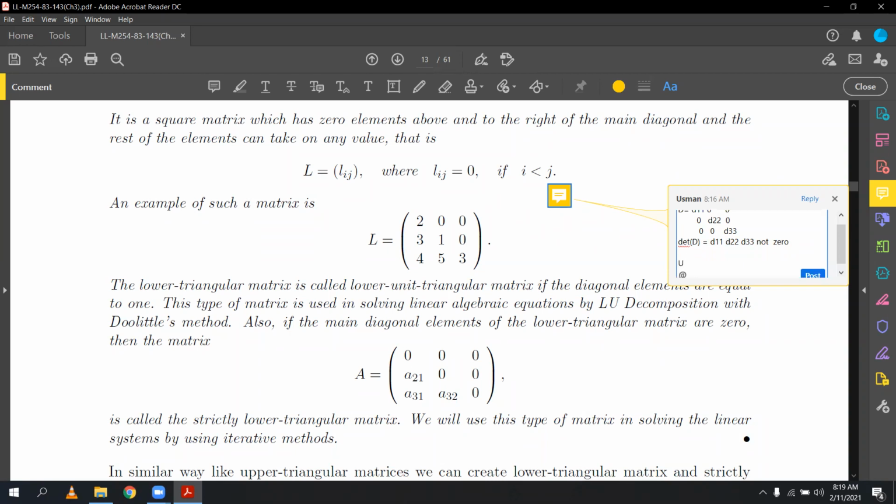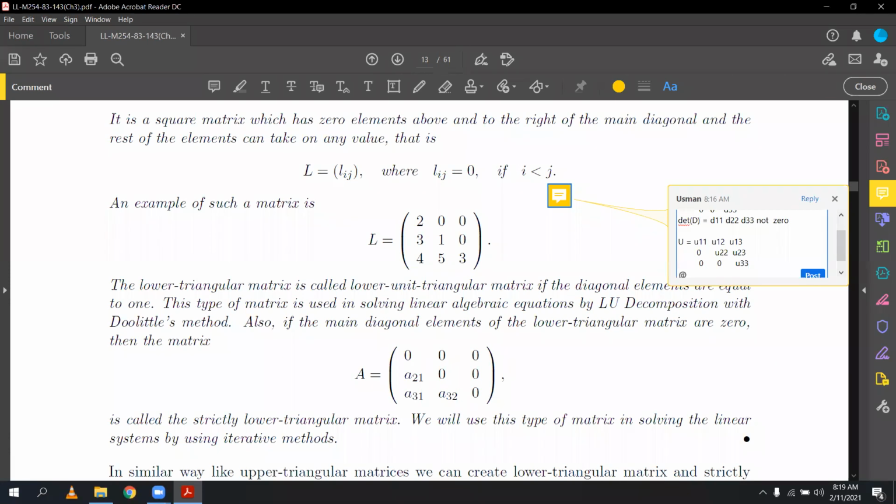Let's talk about U. What is the shape of U, the upper one? U11, U12, U13, then 0, U22, U23, and 0, 0, U33.